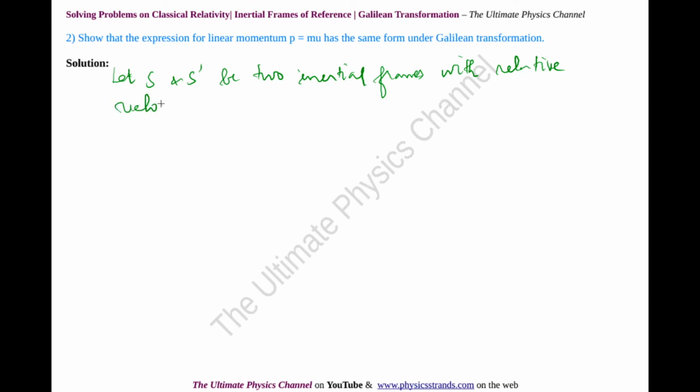So let us take here also two frames of reference. Let us say S and S prime be two inertial frames with a relative velocity, in this case, v.